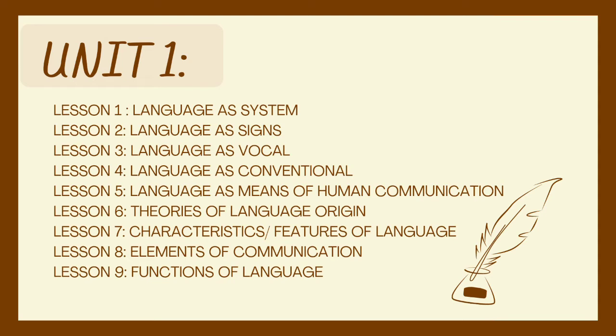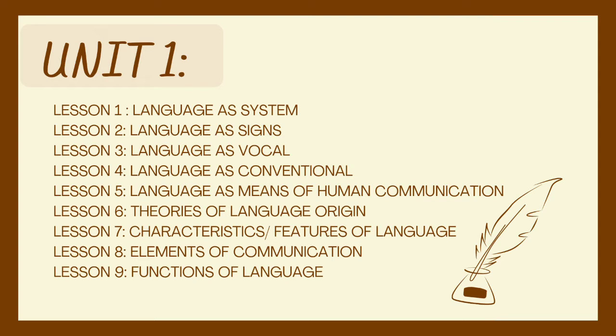Next, for lesson 7, the characteristics or features of language. There are also different features or characteristics of language, and these are as follows. First, language is arbitrary. Language is social. Language is symbolic. Language is systematic. Language is vocal.